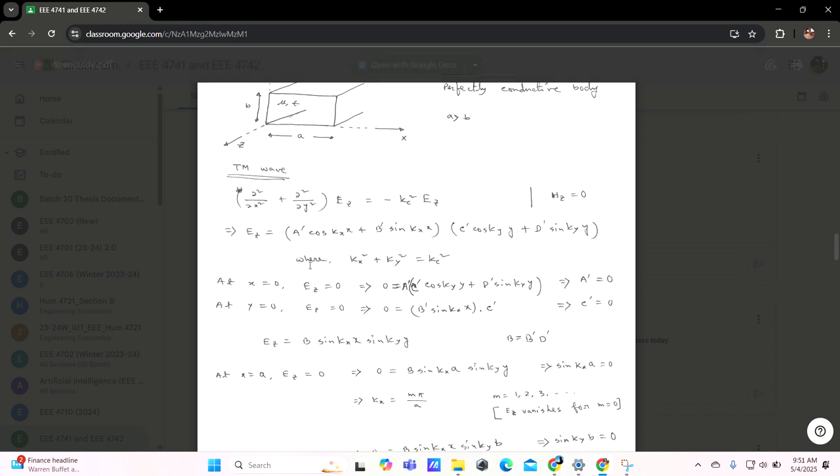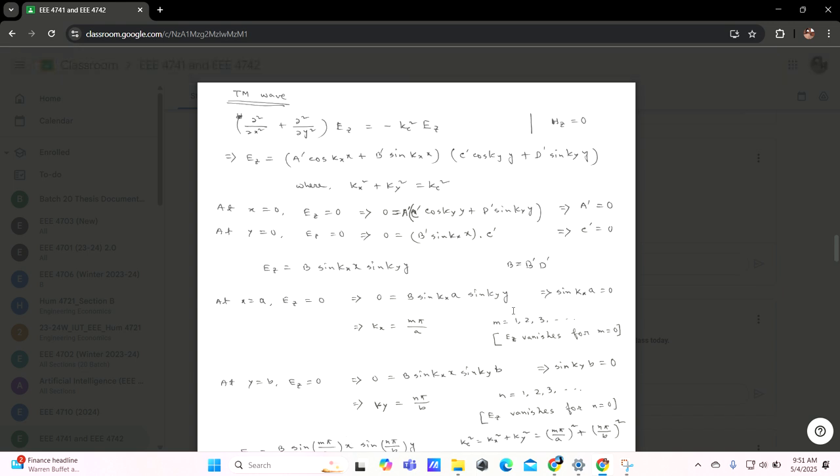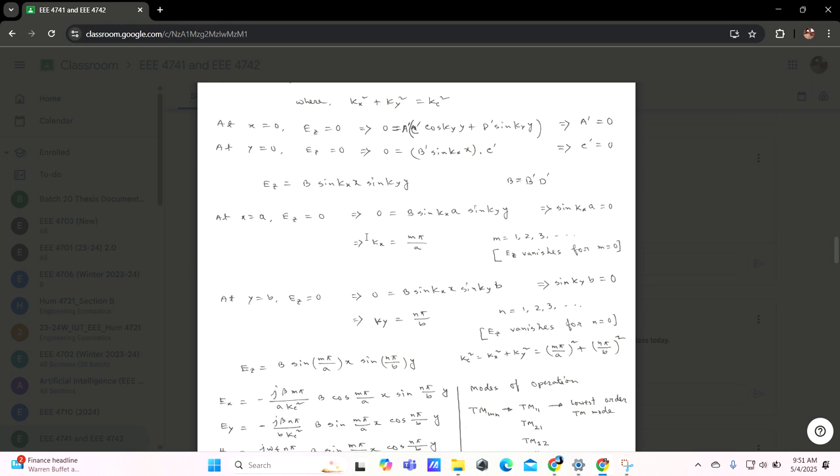Then it's time to put in our boundary conditions. We put our boundary conditions here and here. By putting them, we get these two equations: one is kx and one is ky. kx is m pi by a and ky is n pi by b. Here m and n are 1, 2, 3, 4 and so on.